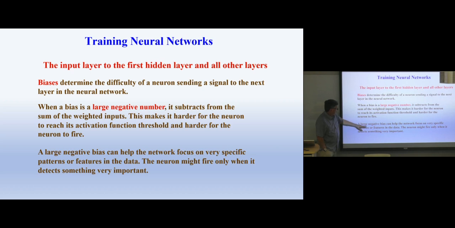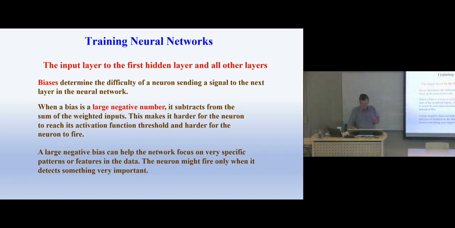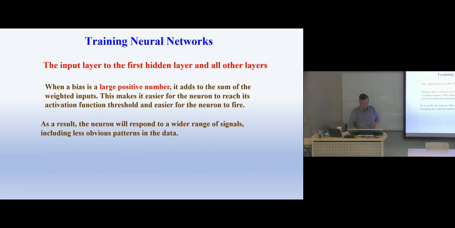Notice, by the way, these biases are determined by the neural network. So if I've got a large negative bias, it can help the network focus on specific patterns, but this means that it might only fire when it finds something very important. Well, that's good, depending on what you want to do. You may not want to do that. You may want to be more inclusive.